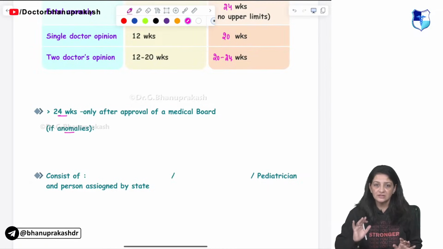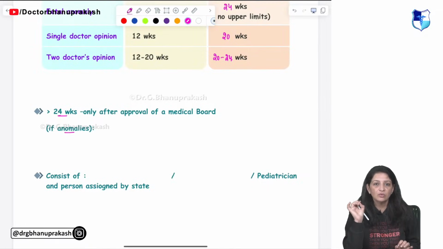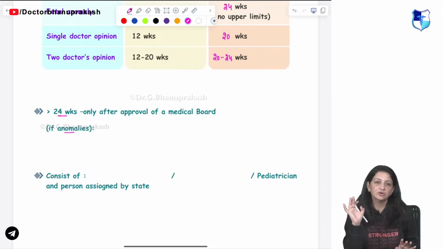If we talk about consent, if the age of the female is more than 18 years, there is no need of partner consent.